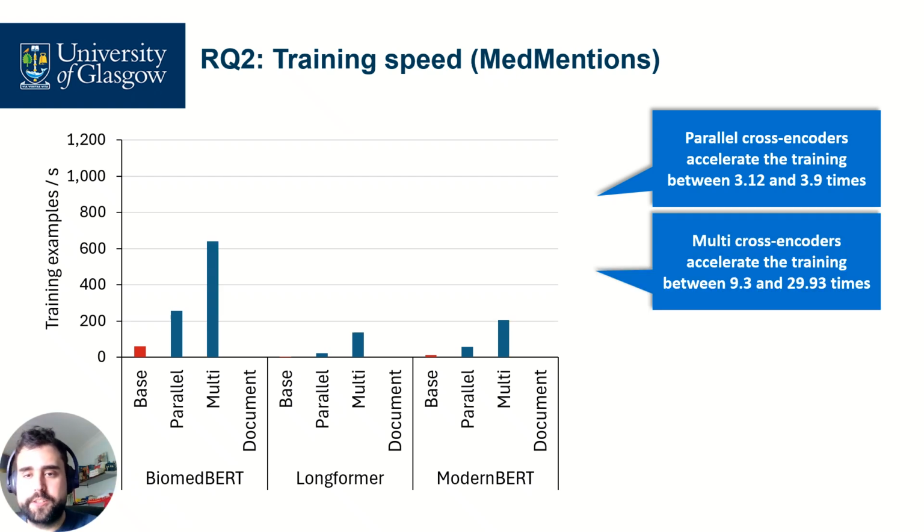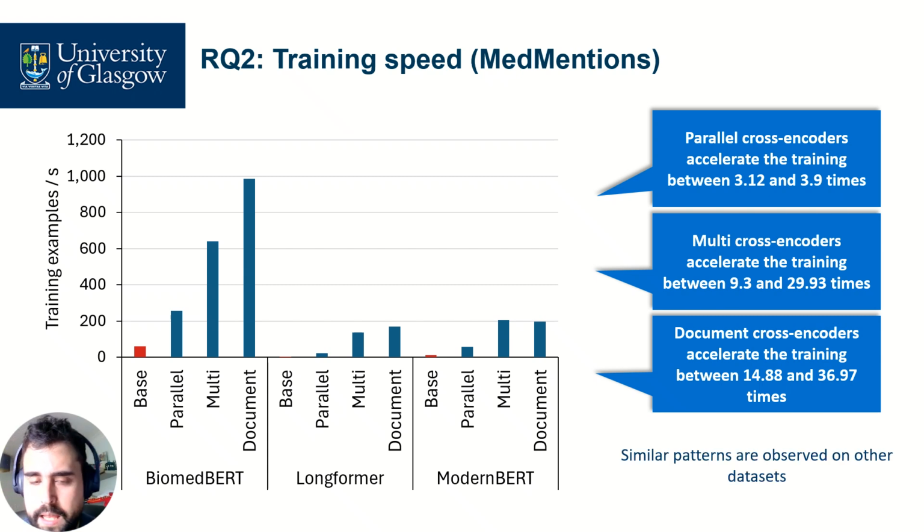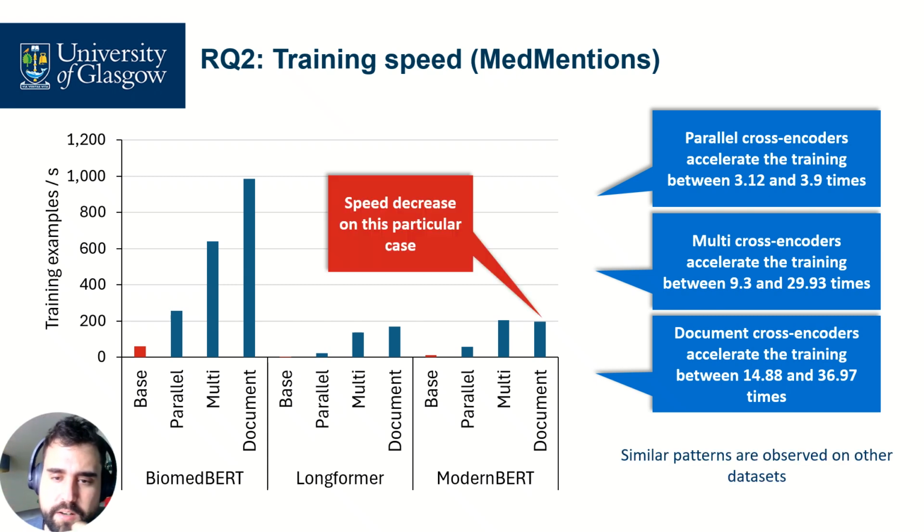This is further stressed when we use multi-cross-encoders, which go more than 9 times faster in training speed. And document cross-encoders accelerate it even more. There is one case where the document cross-encoder didn't accelerate it more. We'll explore that later, but similar patterns were observed in the other datasets.